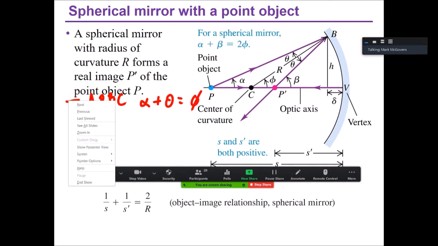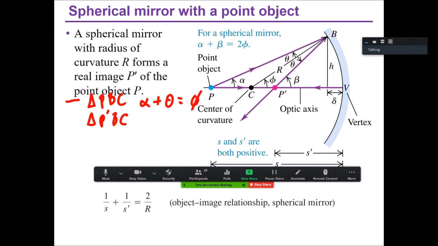If we also look at triangle P prime, B, and C, our phi plus our theta up here, according to the same relationship, is also equal to beta.